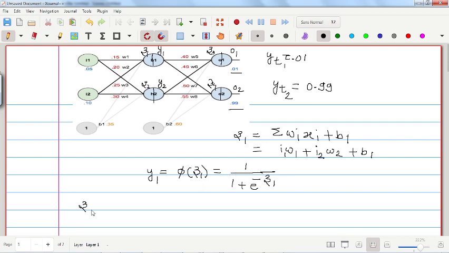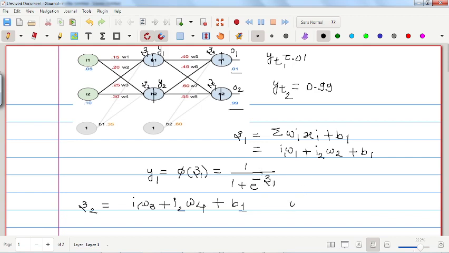In a similar way, let me find Z2. For Z2 the contributing weights are W3 and W4. W3 is connected with I1 and W4 with I2. So Z2 equals I1 into W3 plus I2 into W4 plus bias, which is again the same bias B1.